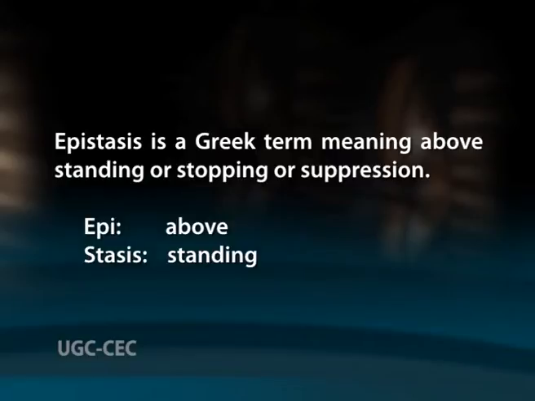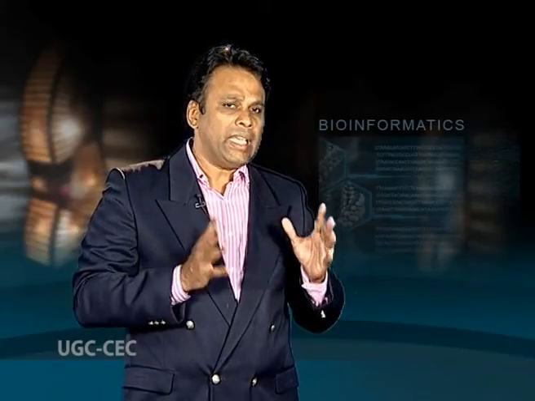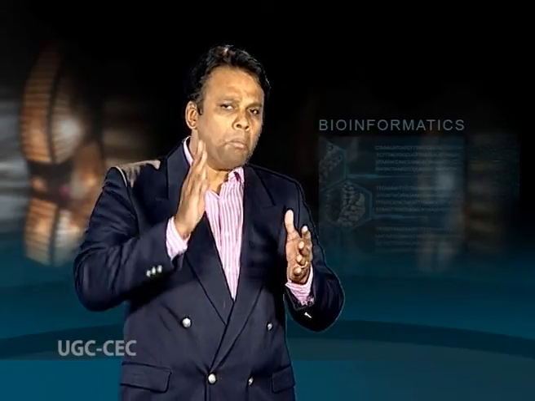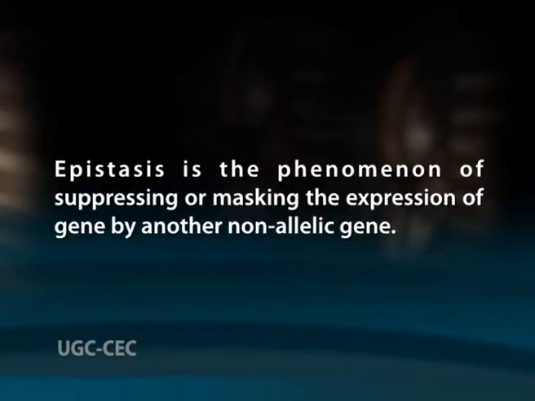Epi means above and stasis means standing. Epistasis describes the state in which a gene masks the phenotypic expression of another. In other words, epistasis is the phenomenon of suppressing or masking the expression of a gene by another non-allelic gene.